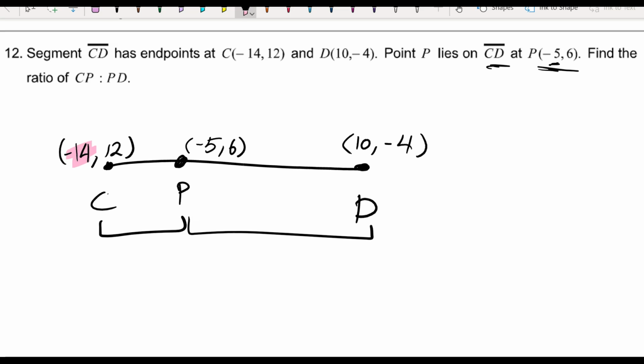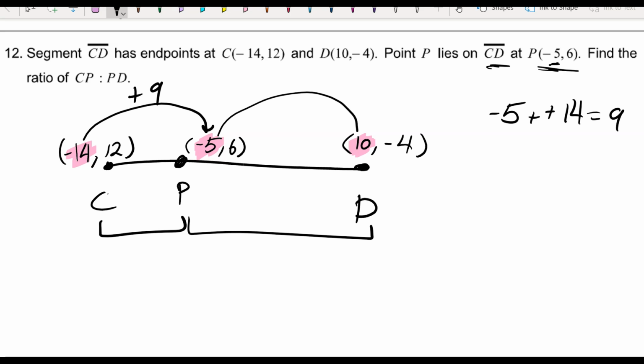The first way is to look at the x values and to see how much you're either going up or going down by. So to go from negative 14 to negative 5, to find the distance between those numbers, I can take negative 5 and subtract away negative 14. And it looks like I've increased 9 units from there. And if I look at my increase in my x values from P to D, 10 minus negative 5 is 15.